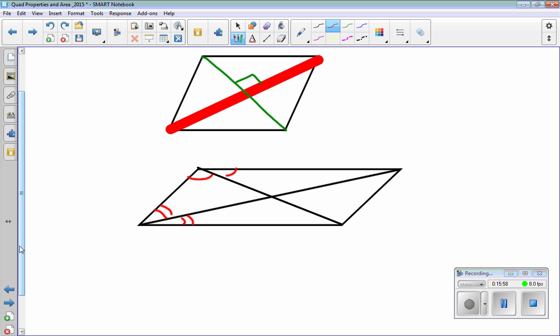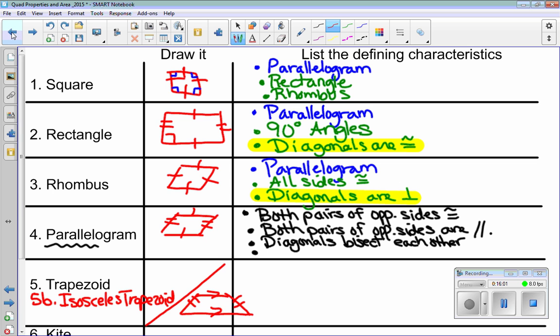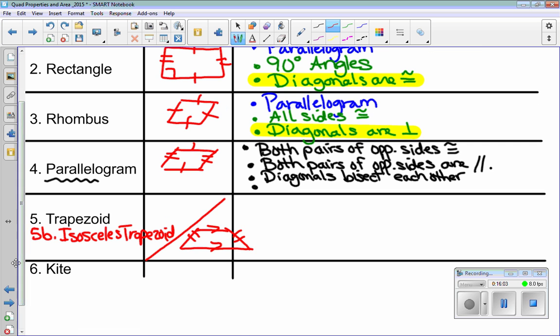Okay, they bisect the angles. So the diagonals do that as well. Okay, so I'll write it in a different color so it stands out. So the diagonals bisect the angles. And those are really the properties. I think that's all of them. Properties of a parallelogram. Just double checking on our list here.